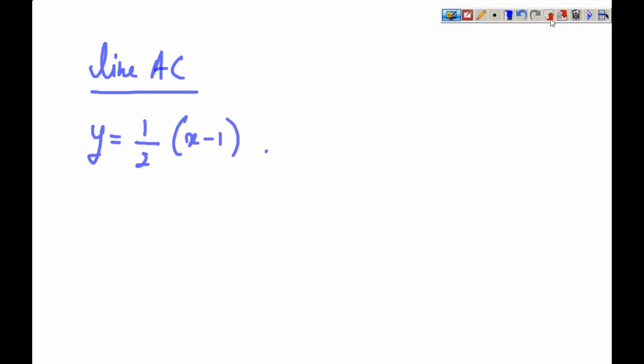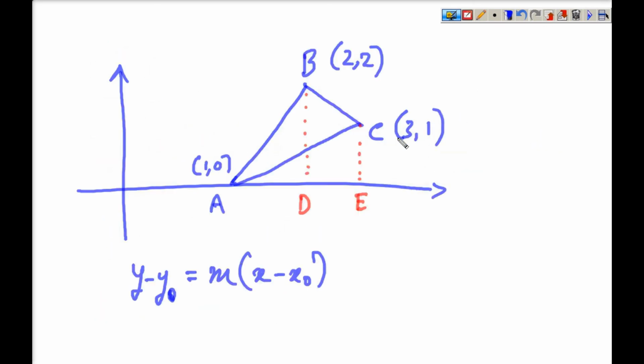So now we have got the equations of all the three lines. What we need to do is first find the area under AB and then the area under BC, and then subtract the area under AC. Then we'll get the required area.